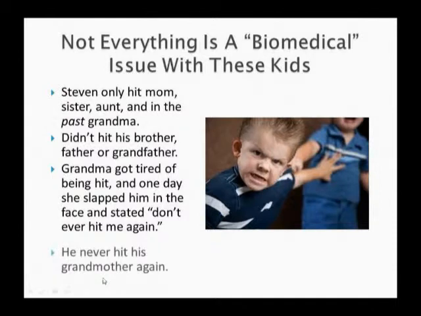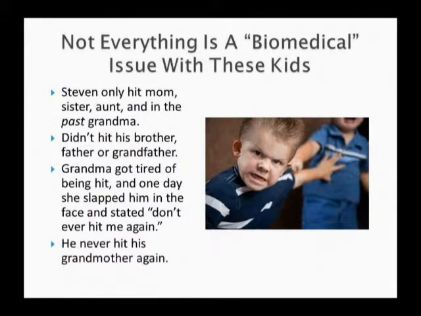And what I had learned in that lesson, what I tried to relay to the mom, was this was not a biomedical problem. This was not a supplement fix. You couldn't give a medication for this. This was a behavior that had been learned over time and unfortunately allowed to happen in the house for much too long a period of time.